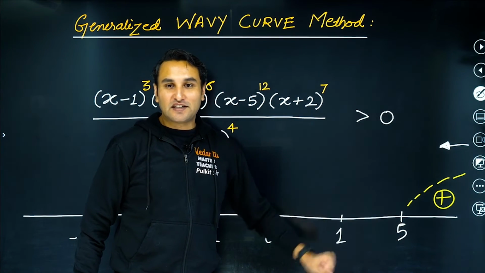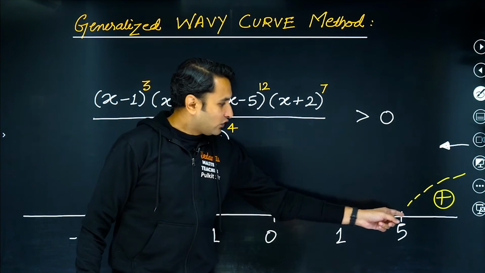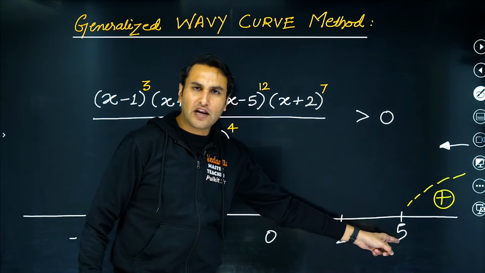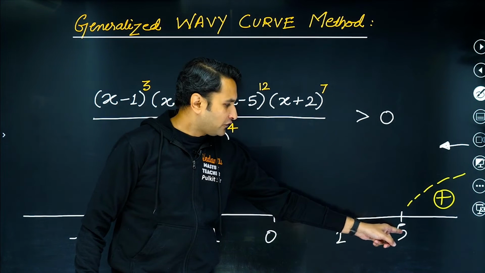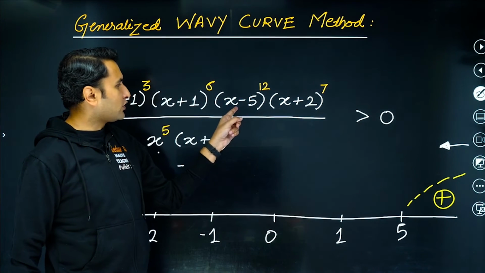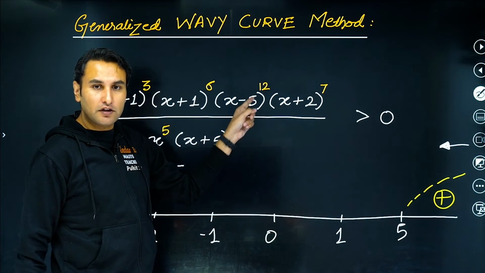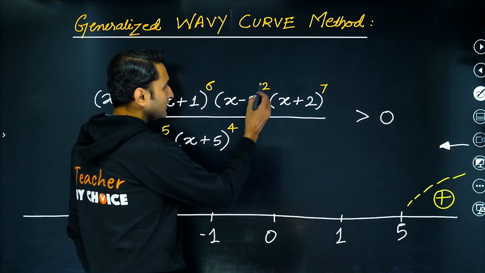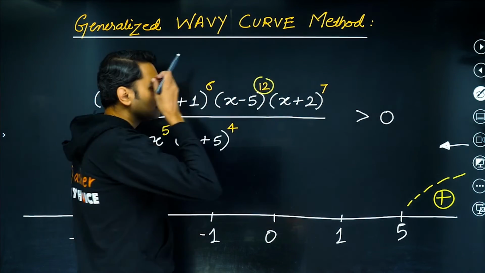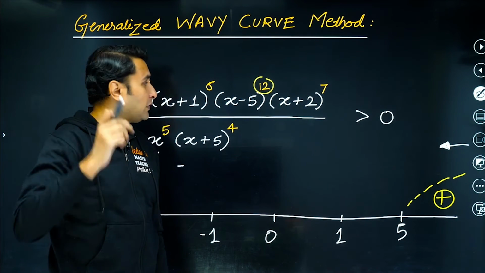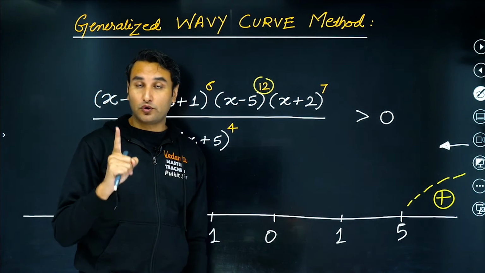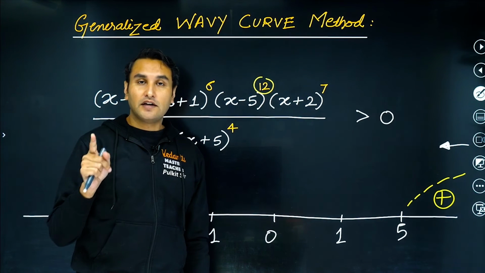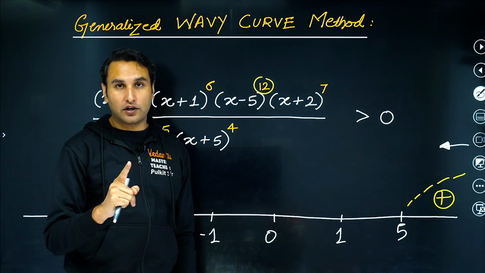The train is asking the station master, dude, where have you come from? So 5 says, I have come because of (x minus 5) to the power 12. Train asks, dude, what was your power? The station master told that the power is 12. Train said, no dude, don't tell me 12. Tell me, was the power even or odd?